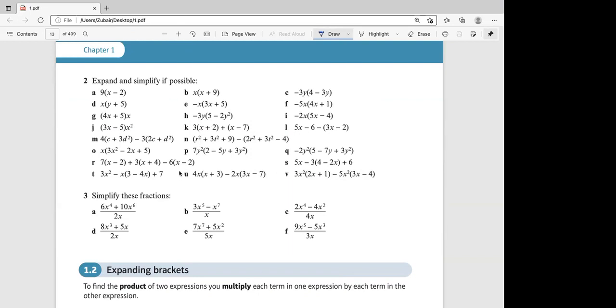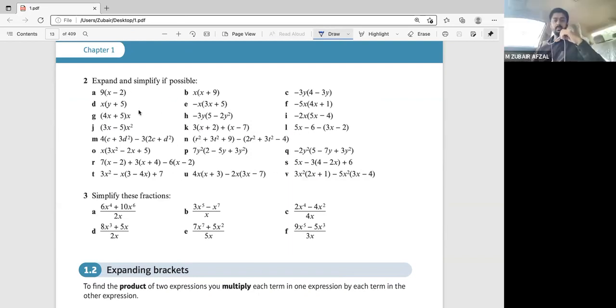For example, expand and simplify if possible. Starting with this question, this is 9x minus 18. Just the simplification. If I choose question number 3, the F part, I can take out x as common.